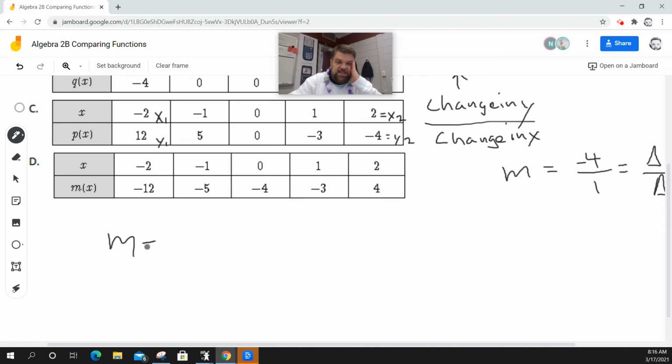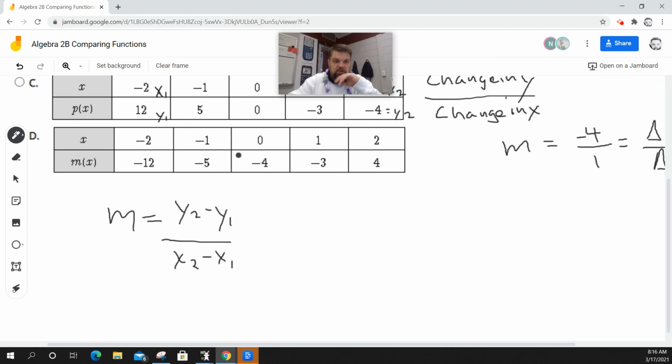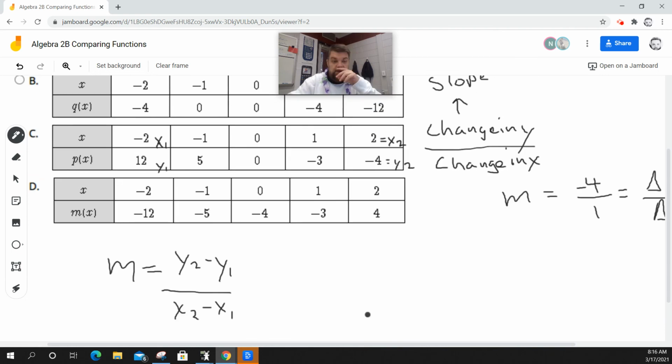The slope of C is going to be y sub 2 minus y sub 1 all over x sub 2 minus x sub 1. Now this is kind of the average, right? Because it says average. So in other words, when I look at this thing, I don't subtract 4 to get from 12 to 5. I subtract more than 4, but I don't subtract as much on the end either. So I'm trying to see what the average would be from the beginning to the end.